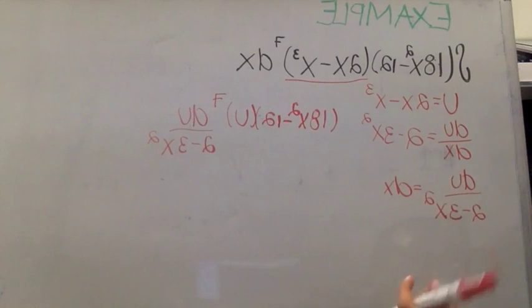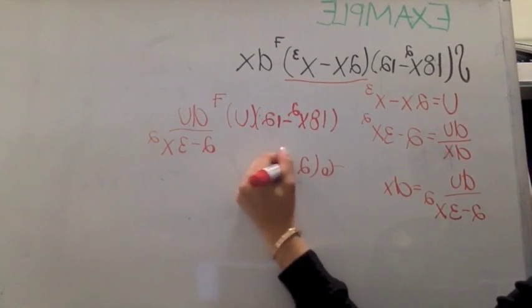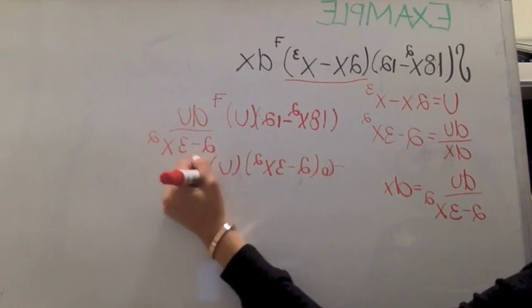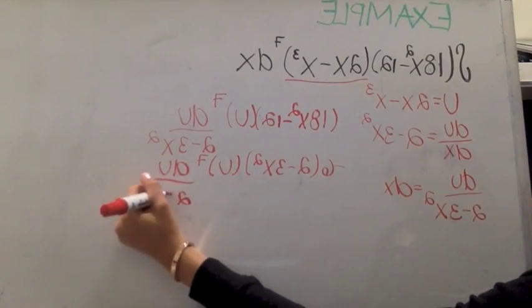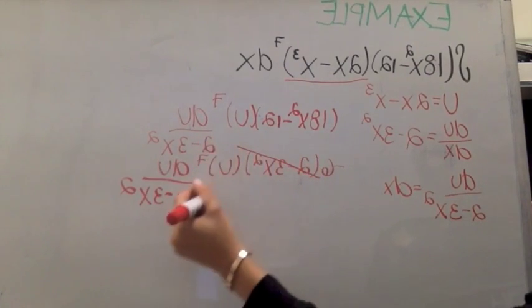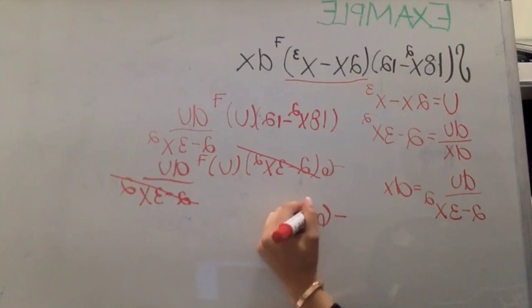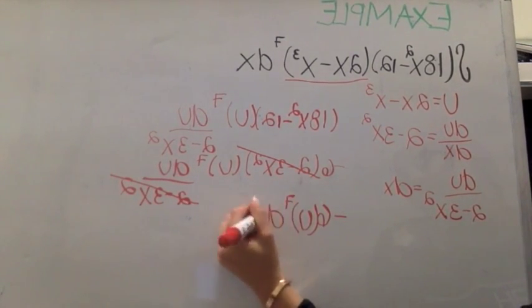Here our common factor would be minus 6. So we will have the same answer as dx. And we can eliminate. So here we will have minus 6 u to the power of 7 du.